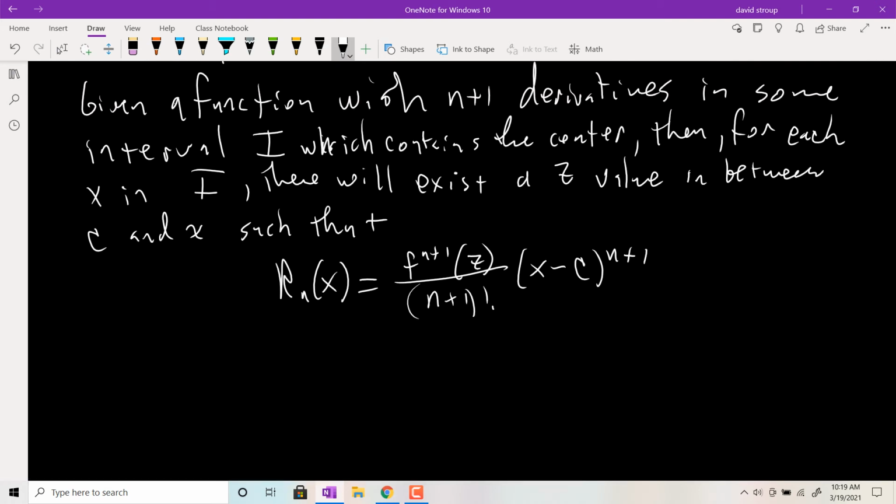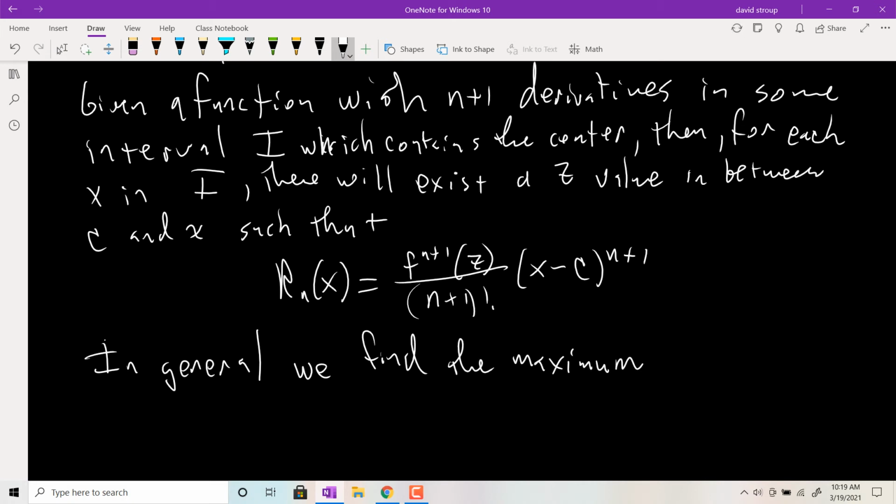In general, when we use it, we use the inequality. So in general, when we're trying to work with these approximations, we find the maximum of this n+1 derivative on this interval.